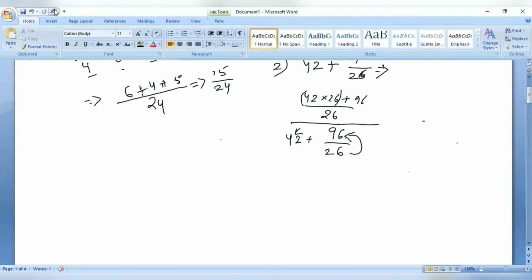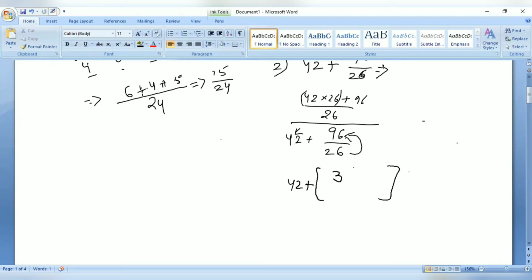Now when a problem is given to you like this, 42 plus 96 by 26, instead of taking a longer calculation, let us quickly see this. Now 42 we know, so let us write 42. Now plus, we need to understand how many times 26 goes into 96. 26 threes we know is 78.